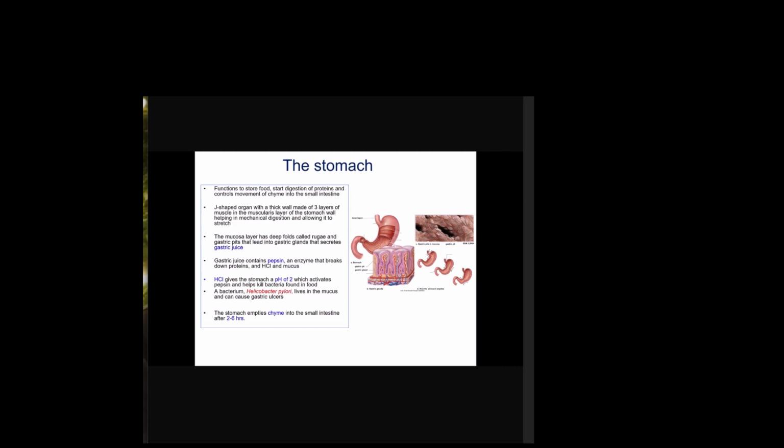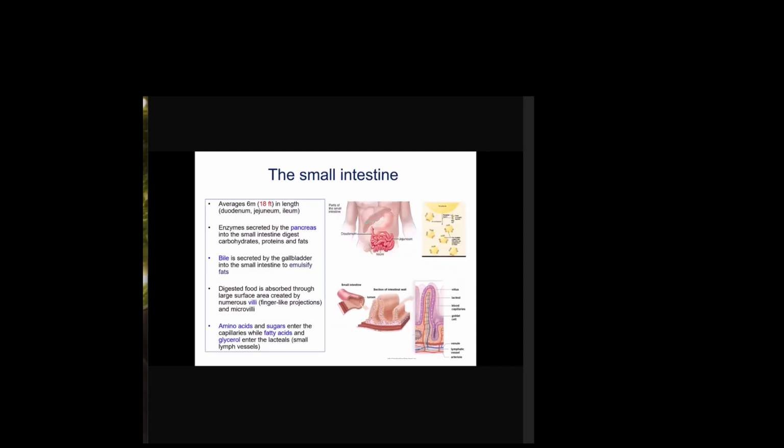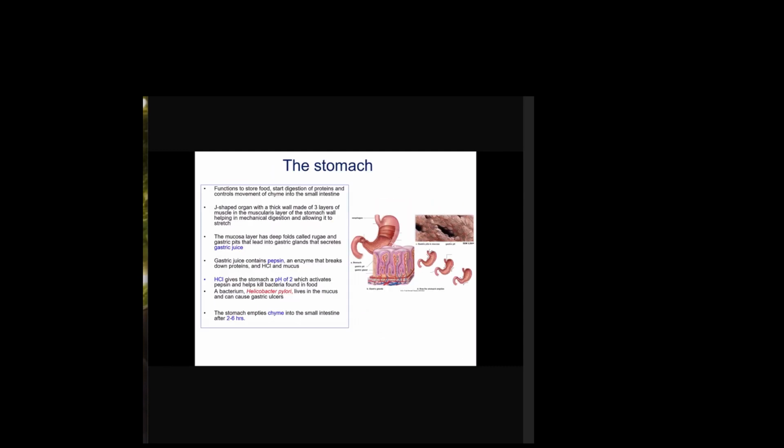Now, whatever is moving from the stomach to go into the duodenum, that second compartment, requires mixing with enzymes that are coming from the pancreas. In this case, those enzymes work at a higher pH.